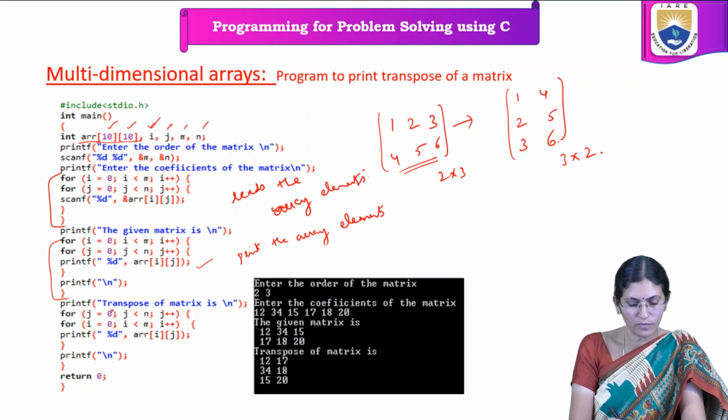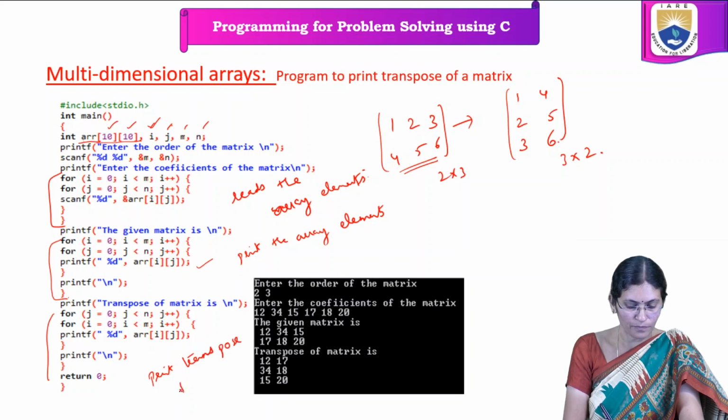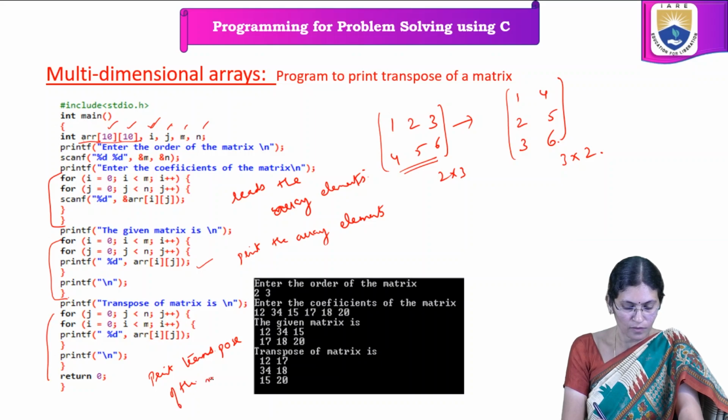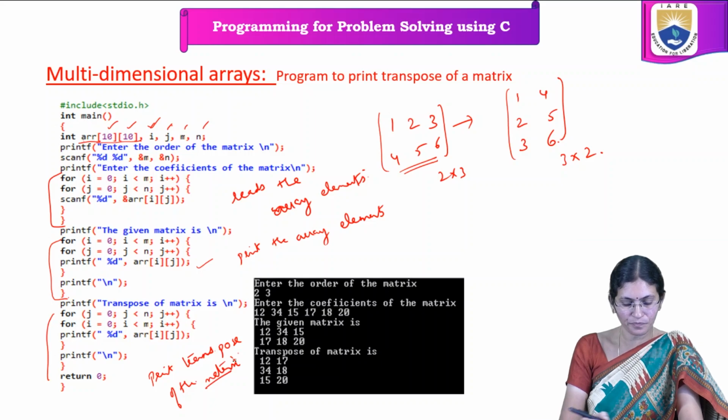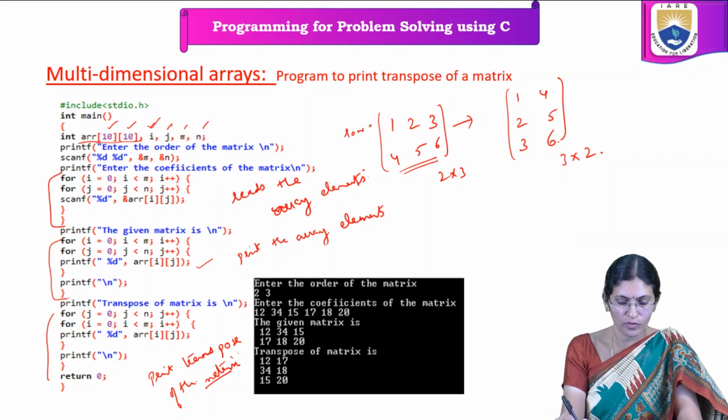Then this part of the code is to print the transpose of the matrix or the array, you can say. So this is row 0, row 1, this is column 0, this is column 1 and this one is column 2.